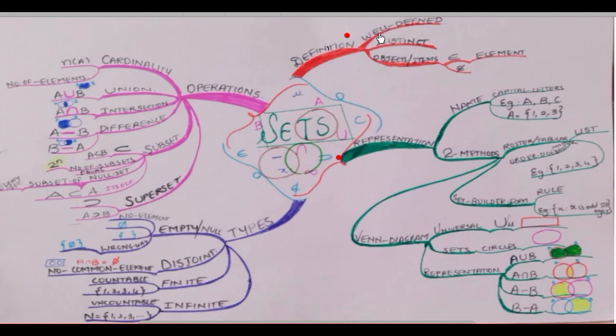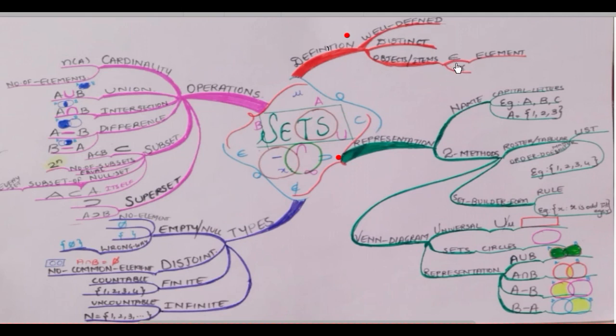It means it is a well defined set. A well defined collection of distinct, that is different, objects means no element will be repeated in a set, and the objects or items are called elements. So the definition is: a set is a well defined collection of distinct elements.